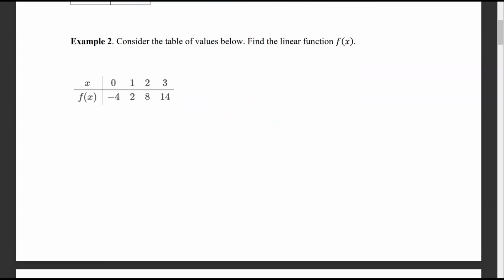Consider the table of values below. Find the linear function f of x. So now we're going backwards. We're trying to find f of x. So note that the linear function looks like this. F of x equals mx plus b, where m is our rate of change or our slope. So we'll think of that as our delta y over our delta x.